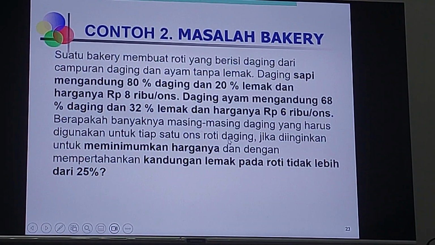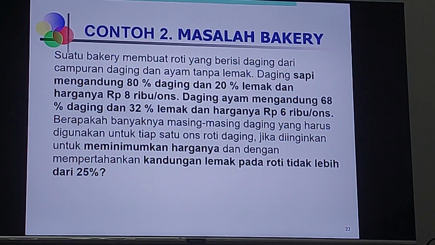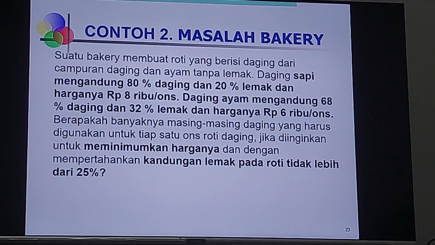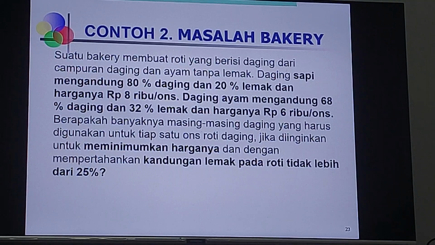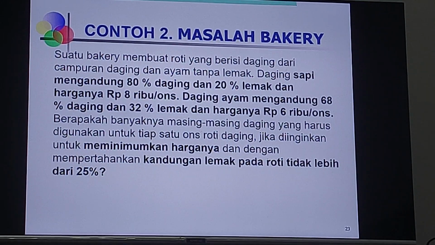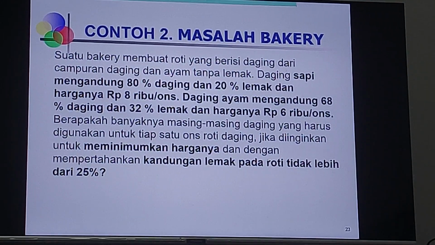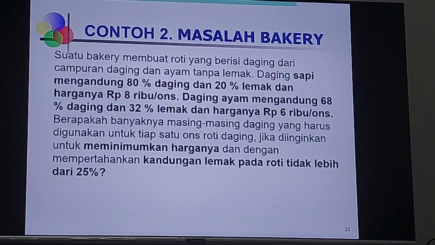The weight of the bread is 1 ounce. Or say the total weight of the meat for 1 bread has to be 1 ounce. I know the bread should be a bit more, but just assume the weight of the bread depends only on the meat.